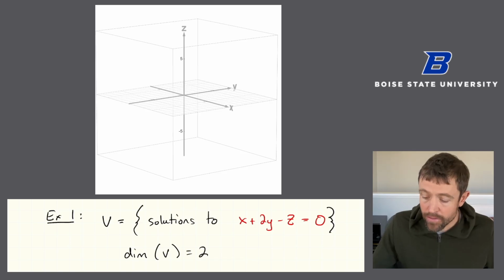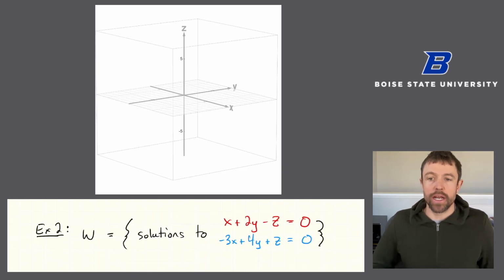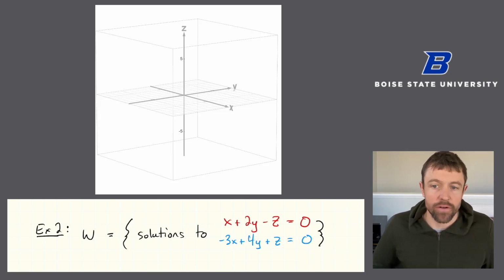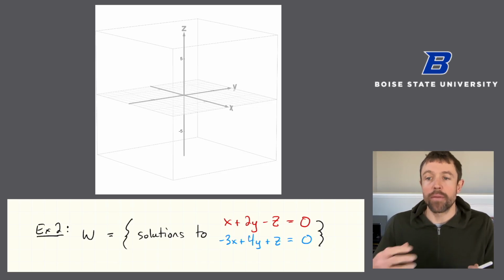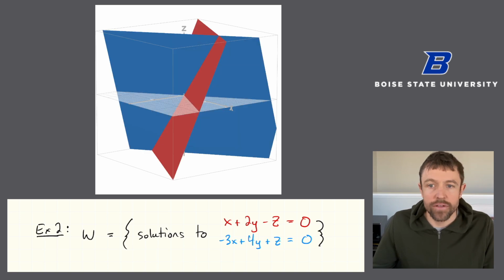Let's look at another example. So here we're not just looking at the one equation, x plus 2y minus z equals 0. We're adding a second equation, minus 3x plus 4y plus z equals 0. And we have a homogeneous linear system. So the set of solutions to this, which I'm calling W, is again a vector space. And let's look at the two graphs. These are the two linear systems and their graphs.